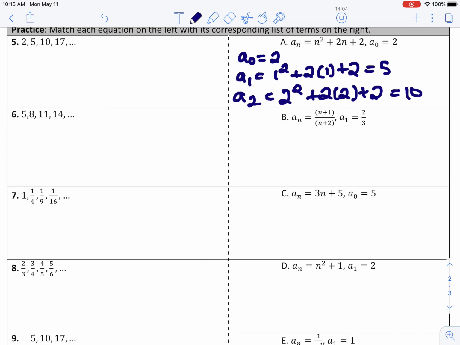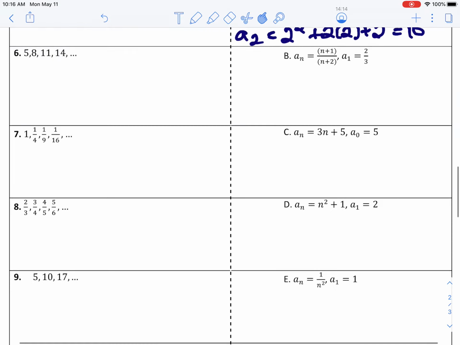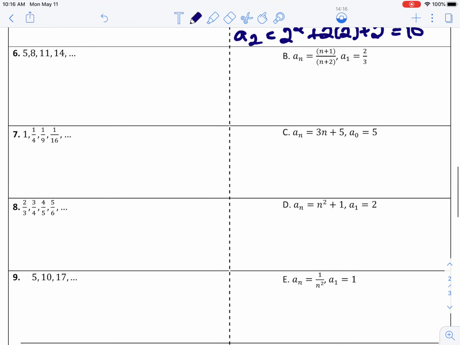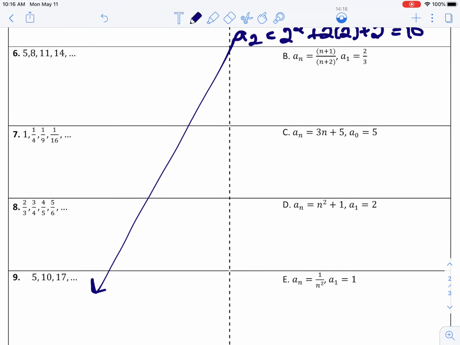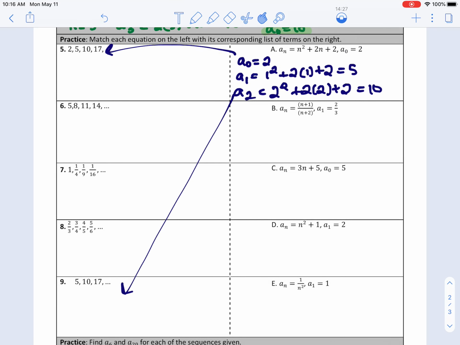Now, this is a little bit confusing because if you look at 5, you have the numbers 2, comma 5, comma 10, comma 17. But if you look at 9, you have the numbers 5, comma 10, comma 17. So there's a little bit of a difference, right? The sequence in 5 shows you that the first term is 2, and the sequence in 9 shows you that the first term is 5.